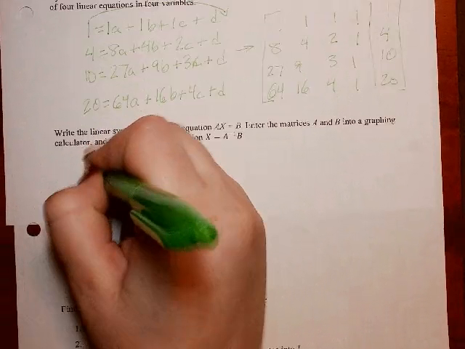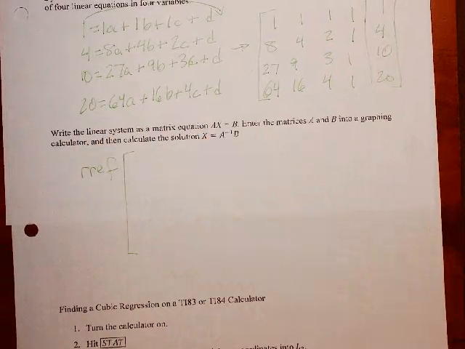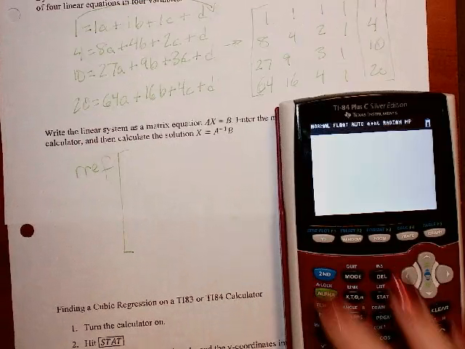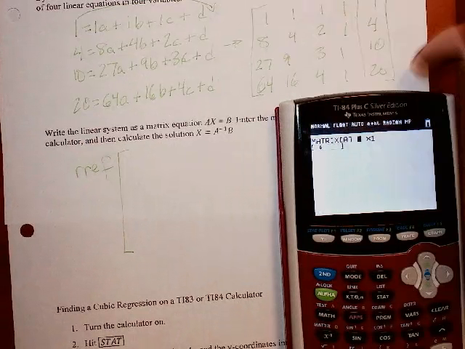So we're going to put it into our calculators. Remember, we go to second matrix, then we go over to edit, and we're going to edit A. We need a 4 by 5, and then first row is all ones.